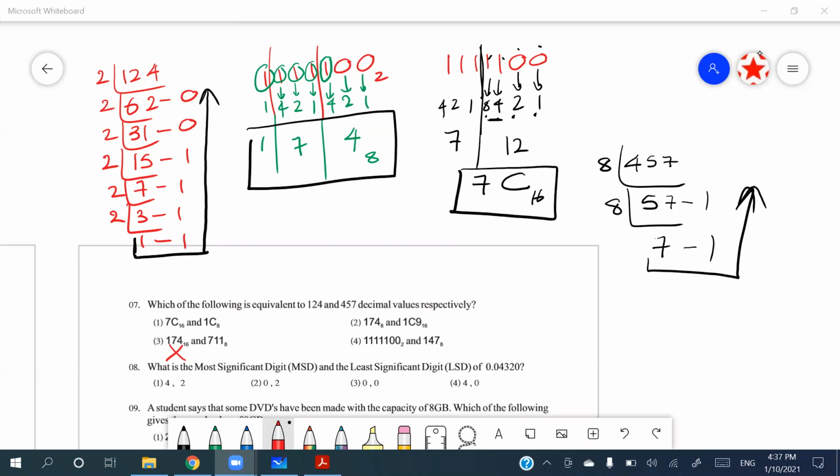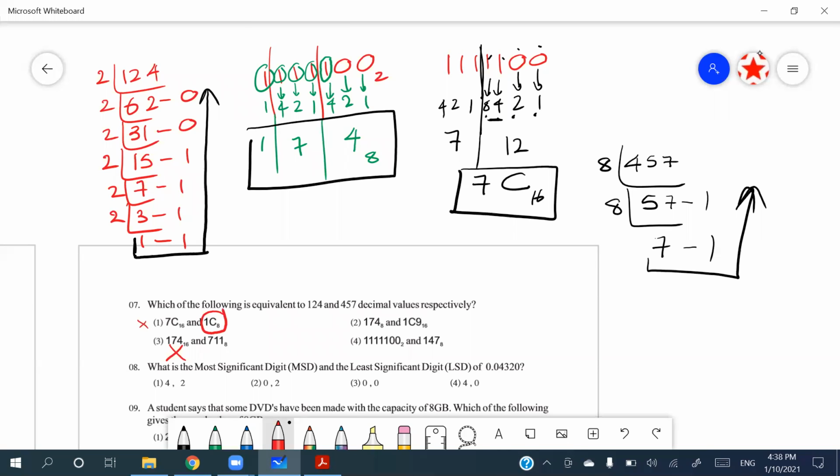So the second, first, or fourth one can be your answer. 711 octal is correct, but it's not the third one. All other places are in hexadecimal and octal, and because of this we disqualify the first one as well. So it is either the second one or the fourth one.